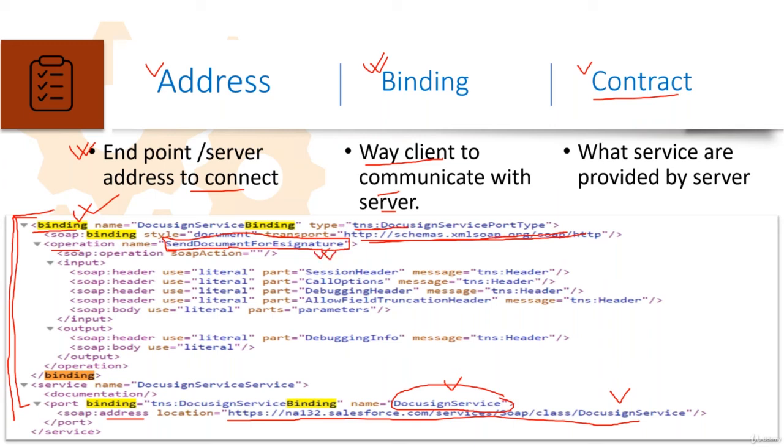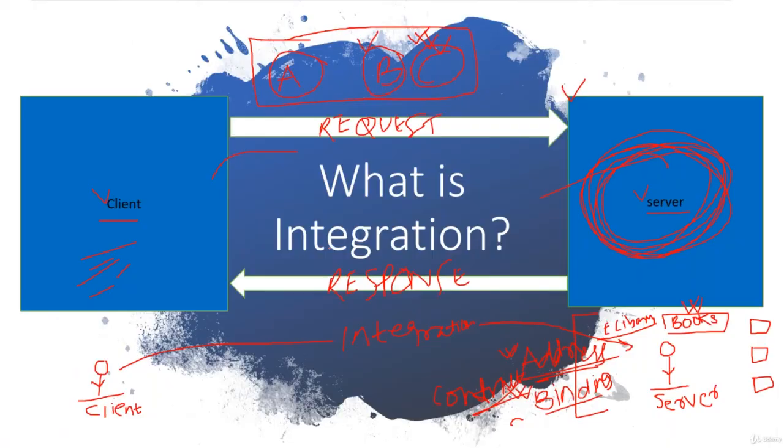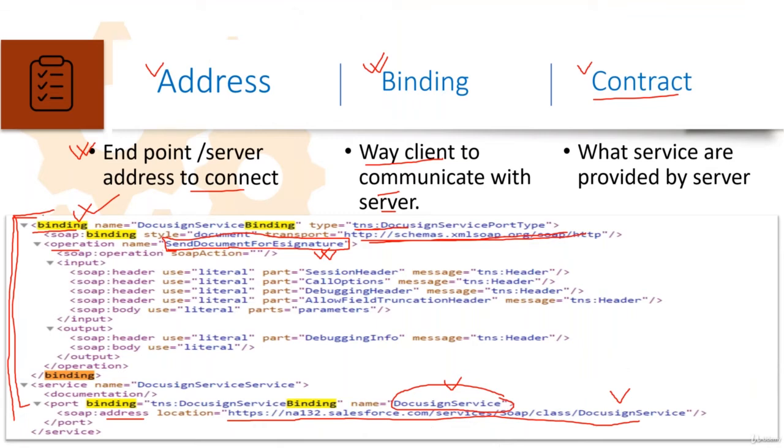To completely understand, when you do integration, we build a request and send it to an address with the proper binding, accessing the contract the server has. Then the server gives the response in the defined format, and we can take that response in the client and process it how we want. Everything is in this XML kind of file, and I'll explain it in more detail.